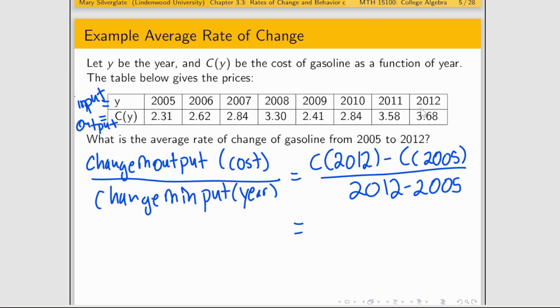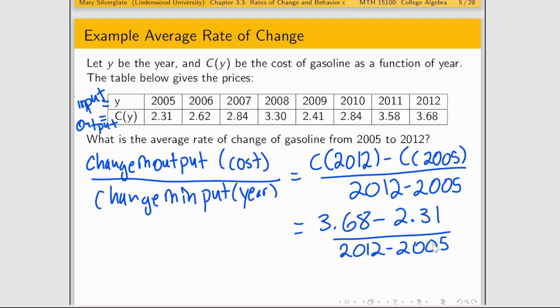So the cost in 2012 was $3.68, and the cost in 2005 was $2.31, divided by the difference between 2012 and 2005.